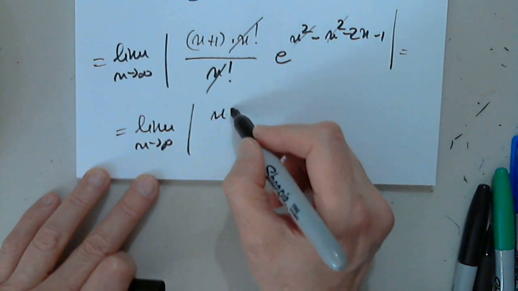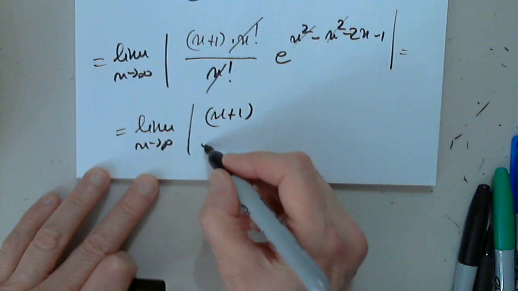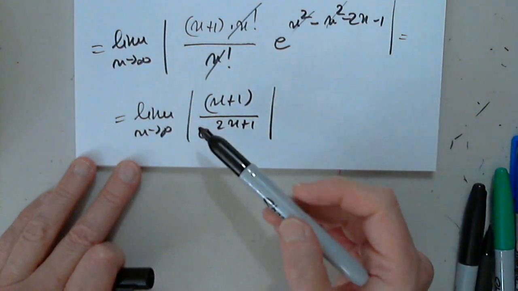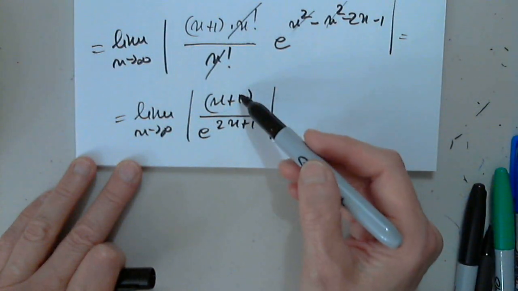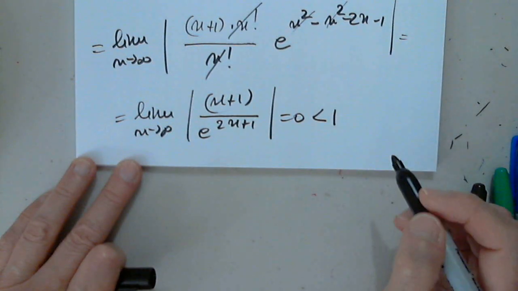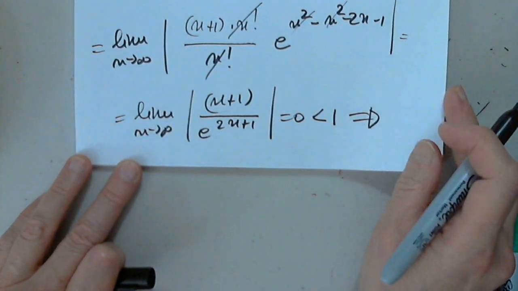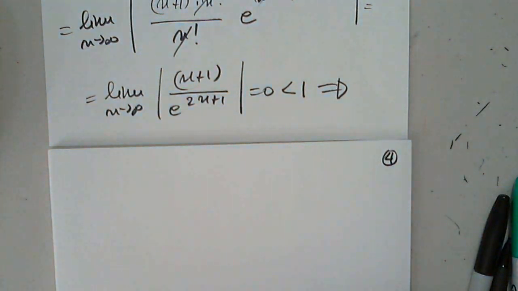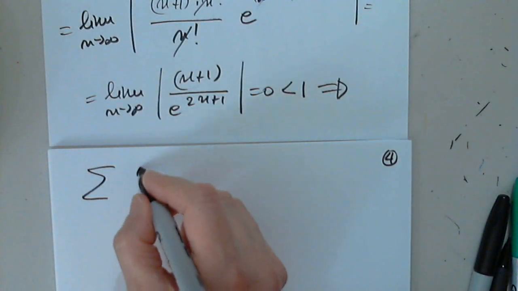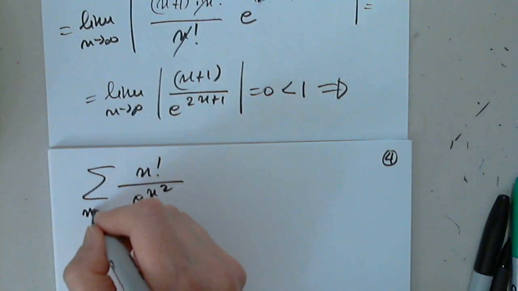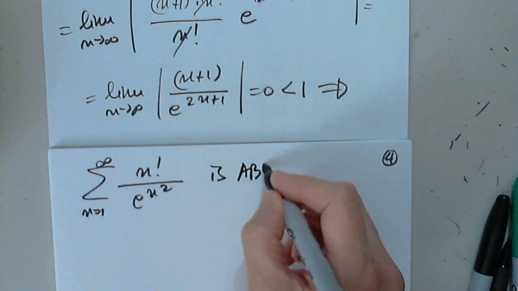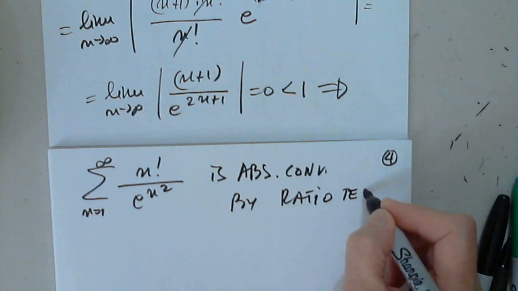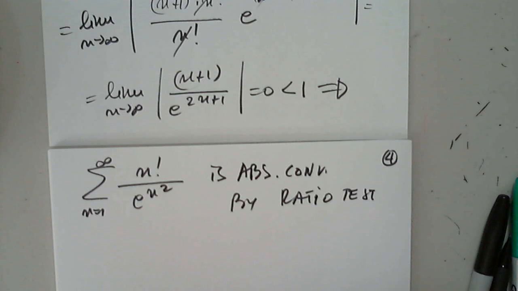The numerator has an n plus 1, and the denominator has e to the 2n plus 1. As n goes to infinity, obviously the numerator will be much smaller than the denominator, so the answer is 0, which is less than 1. Therefore, from here we conclude that the original series, which was n factorial over e to the n squared, is absolutely convergent by the ratio test. And this was 35.